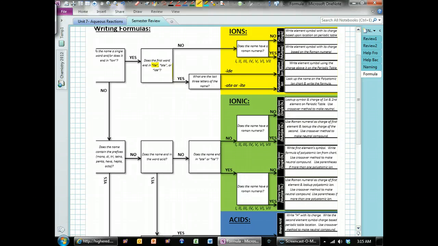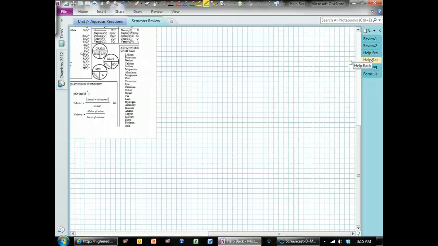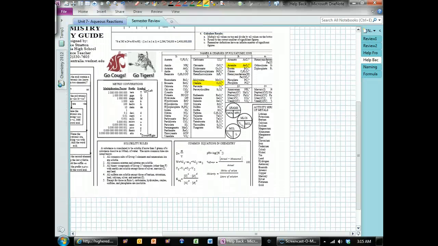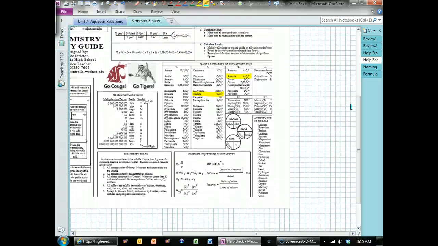Since it is ite, we go down here and we're going to be looking up the name on the polyatomic ion chart and write the formula. So the polyatomic ion chart that we have, we're looking for arsenite.